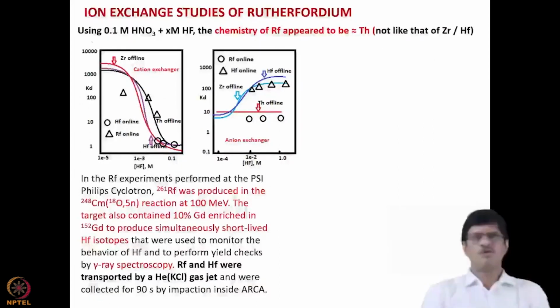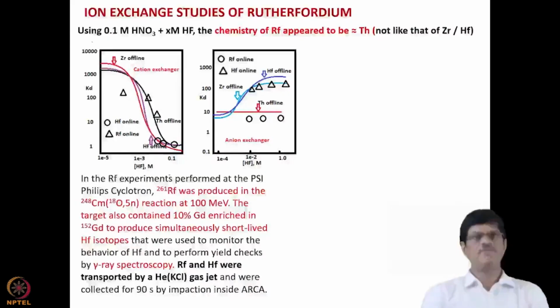To get some more clarification, the ion exchange studies were carried out again offline, and in this case some online experiments were also carried out using hafnium. Rutherfordium experiments are always carried out online, but the hafnium data presented in the left hand side figure is both offline as well as online.